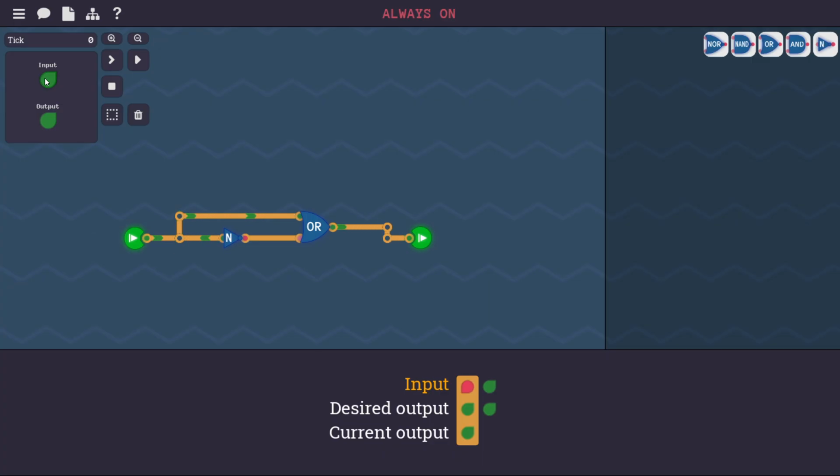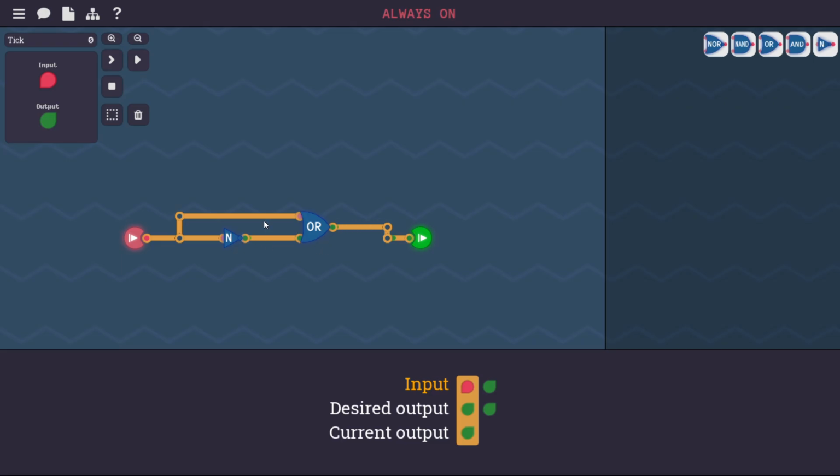If the signal is off, the inverter turns it to on. Since there is an OR gate between this route and this other route, as we saw, the OR gate compares two inputs, and if either input is on, then the whole output is on.